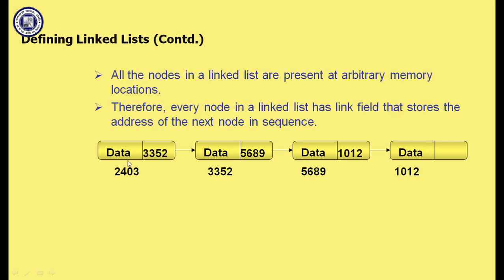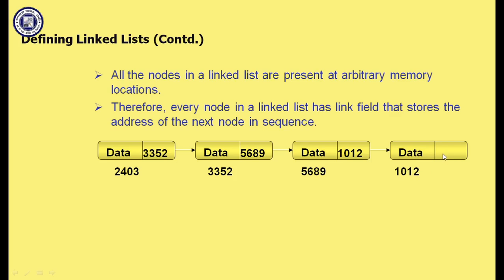The first one will store the address of the second element, which is 3352. The second one will store 5689, which is the address of the third element, and the third element will store the address of the fourth element.